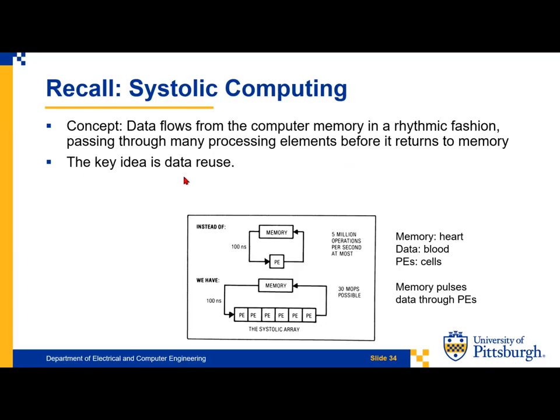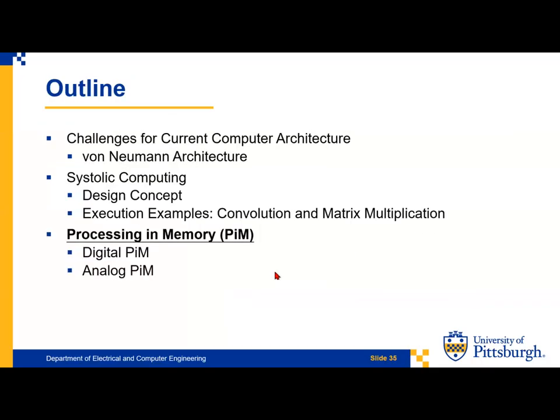And the key idea is data reuse, right? The data propagates through each processing element, and we could directly reuse the data. The traditional approach is to write back to the memory, and when you need the data again, we need to fetch it again. So this is the difference between the systolic design compared to the previous von Neumann architecture.